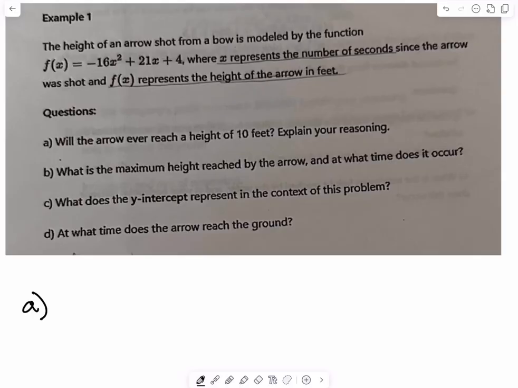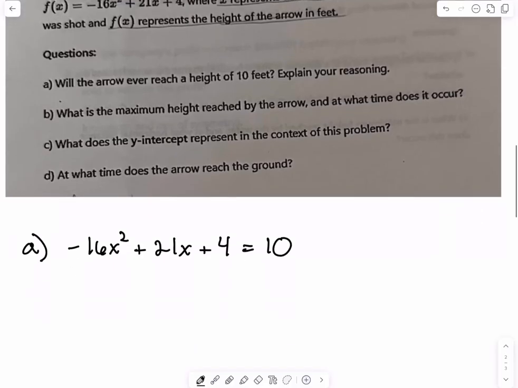So we have this negative 16x squared plus 21x plus 4 equals 10.